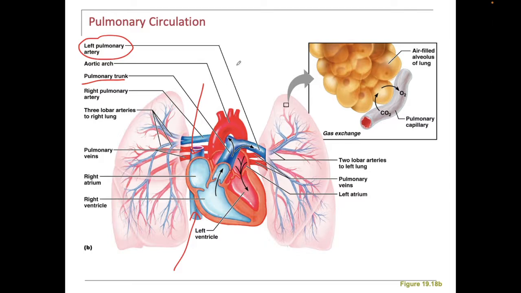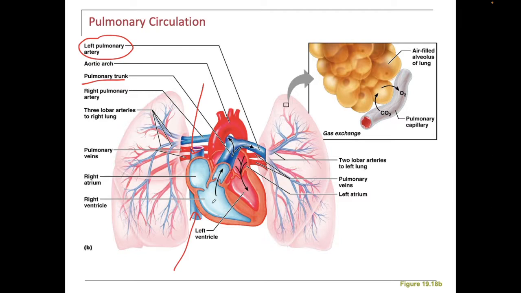So the superior vena cava is bringing all this deoxygenated blood from everywhere up here, which is like the head and maybe the arms, right and left arm. It's going to bring all of that deoxygenated blood into the right atrium, and everything from the lower part, including the abdomen, your hips, your legs, your feet, it's going to bring all the deoxygenated blood back into this right atrium.